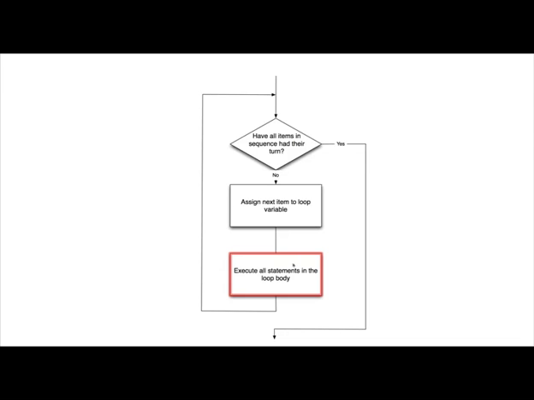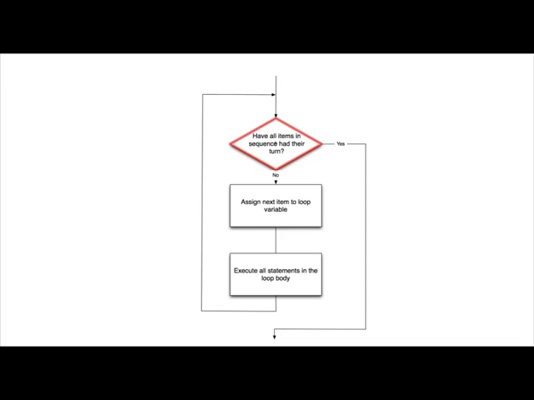And remember, in the loop body, we could choose to make use of this loop variable and whatever value that loop variable happens to be referencing at the time. Once we've executed all the statements in the loop body, we follow this path back up and around, and we check again.